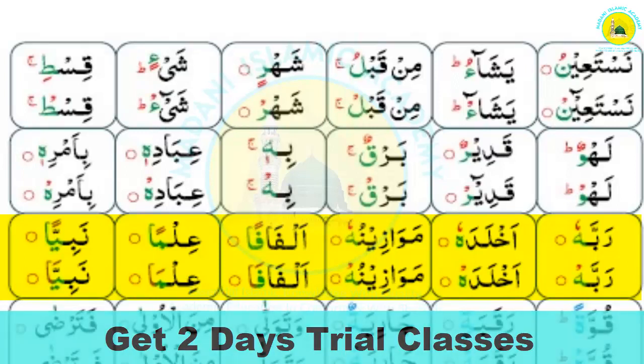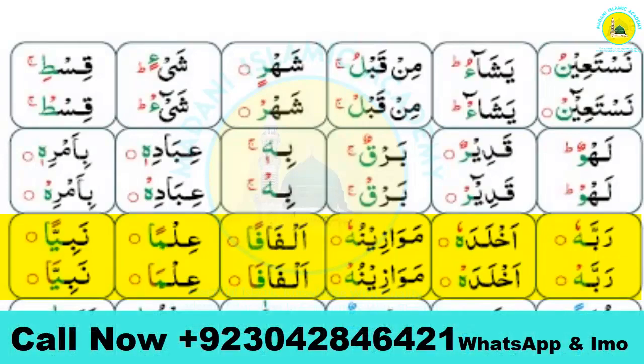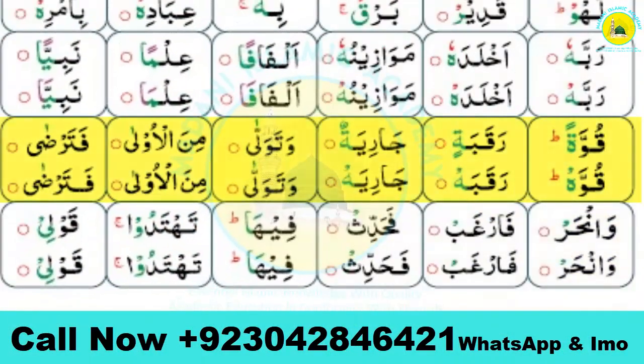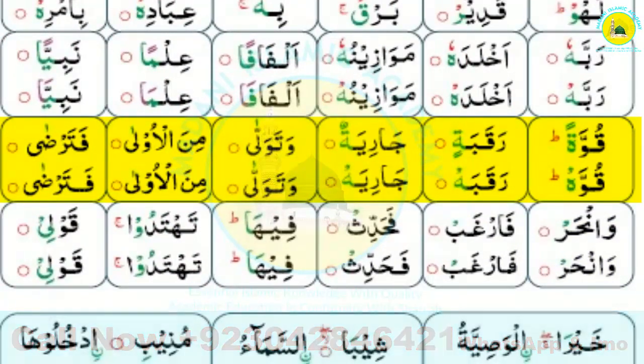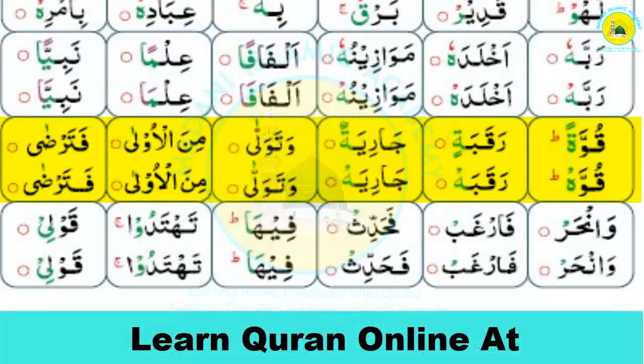Now, this actual fact is a ha. If you put two dots on it, it becomes a ta. And then how we read it is we pause it because it's waqf mutlaq. We join the ha, it becomes an original ha. Quwwatan.